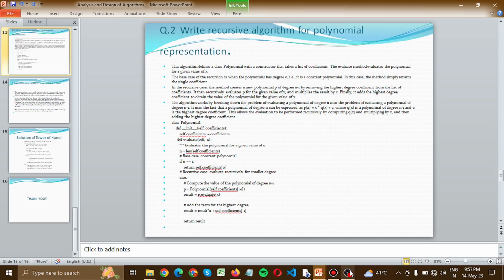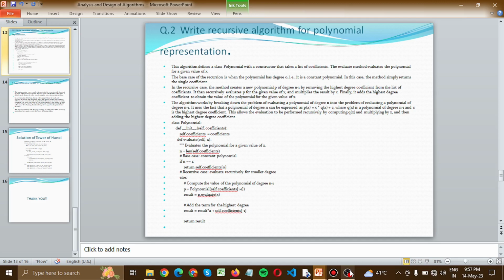The algorithm works by breaking down the problem of evaluating a polynomial of degree n into the problem of evaluating a polynomial of degree n minus 1. It uses the fact that a polynomial of degree n can be expressed as p(x) = x * q(x) + c, where q(x) is the polynomial of degree n minus 1 and c is the highest degree coefficient.